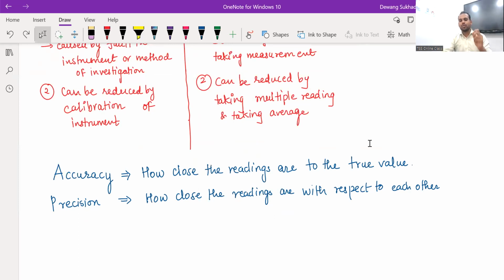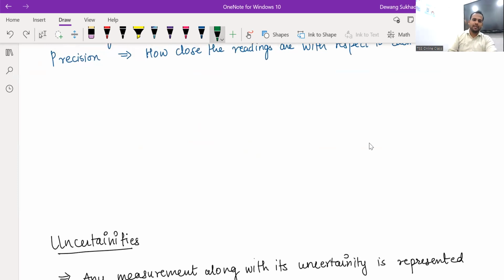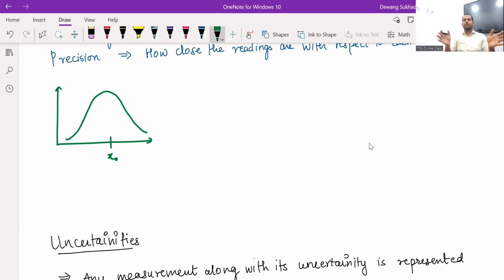Accuracy indicates how close the readings are to the actual true value of what we are measuring, and precision relates to how close the values that we are measuring are with respect to each other. Imagine an experiment where I'm plotting a reading, which is the actual true value. If I'm measuring different data and connecting the data points, my graph will be spread out around that value.